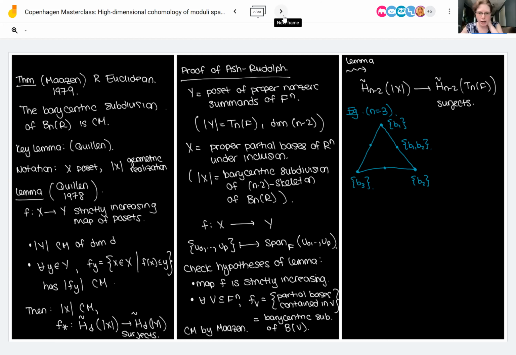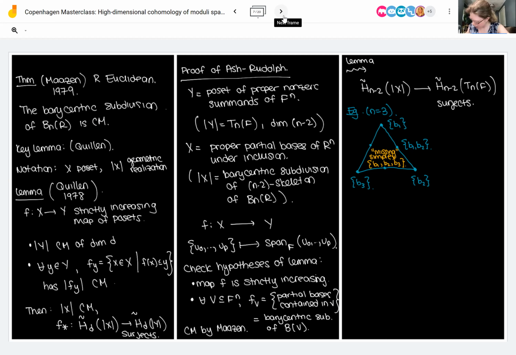But we are in the n-2 skeleton of this partial basis complex. So here, this simplex is missing. There's the missing simplex that would correspond to this basis v1, v2, v3. And if I take the boundary of this missing simplex, that's a sphere.